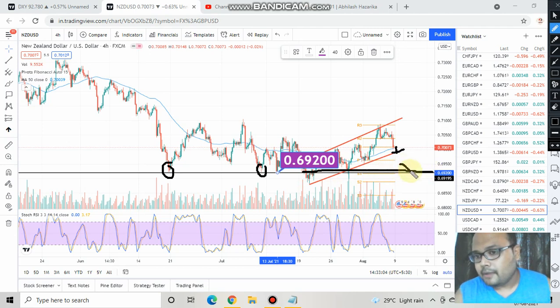And when the market bounces from here, just go for a buy order at this level. So my dear friends, this is your second trading opportunity. So the first trading opportunity is this trend line. In case the market fails to bounce from here and comes down, you can go for a buy at this level, because this level is a strong support for the market.